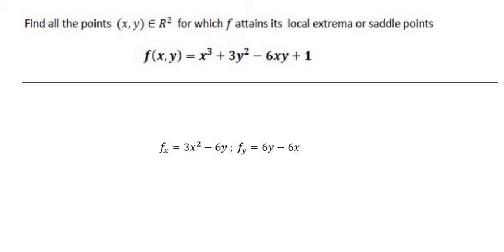The next one, we take the second derivatives based on the function f_x in here. So we have 6x, and then for y, in here we have the number 6.